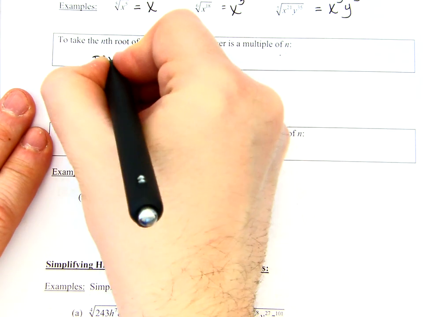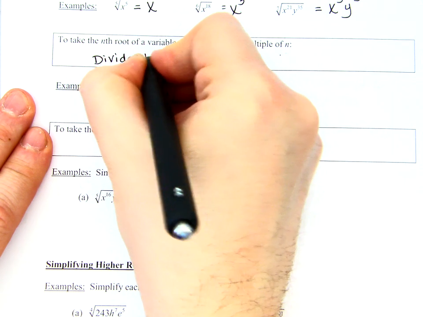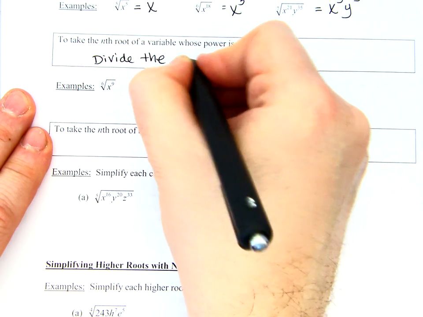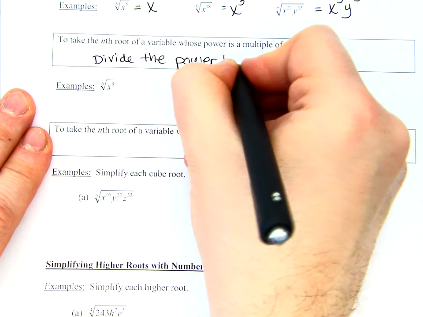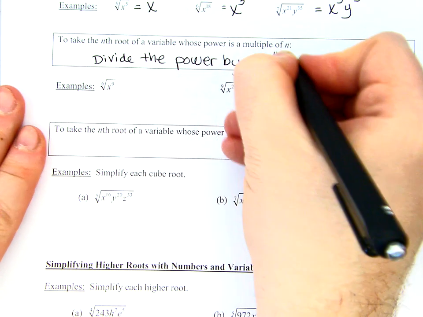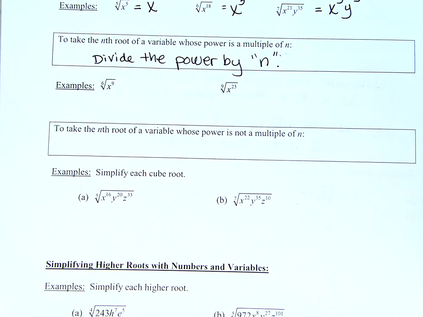Divide the power by n. So if I'm doing a 6th root, I'll just divide the power by 6. 10th root, divide the power by 10.